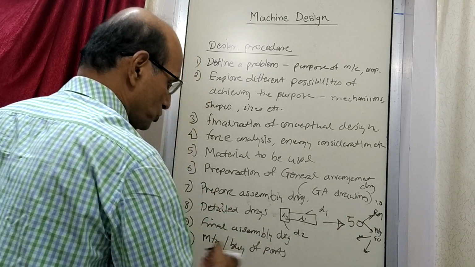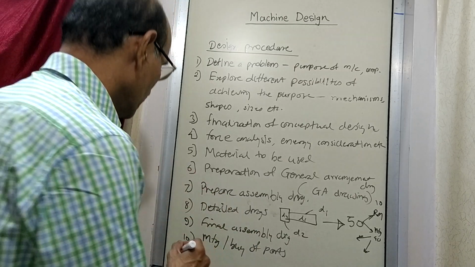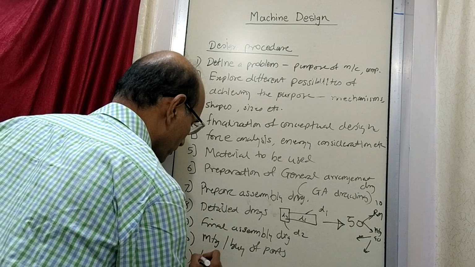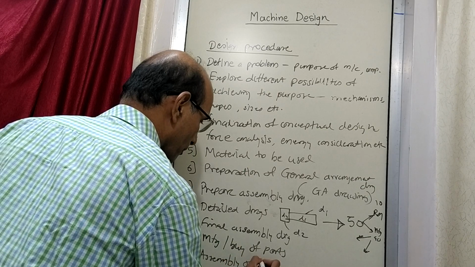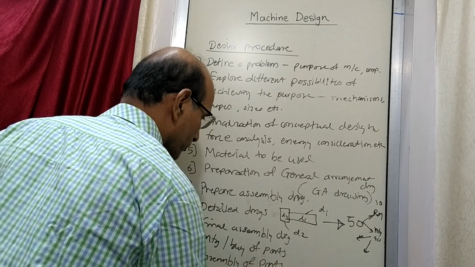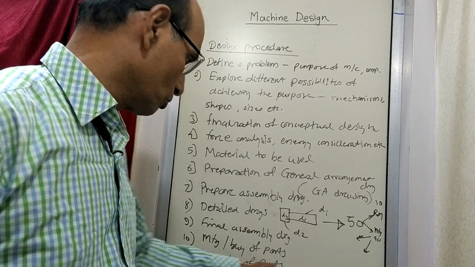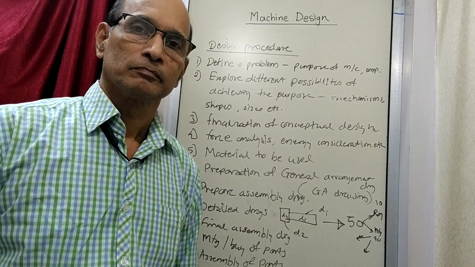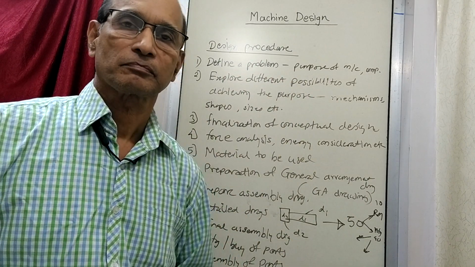So all the different parts you either manufactured or bought, and after that you have done the assembly. So once you make the assembly, that means at this stage your machine is ready, as per your design.